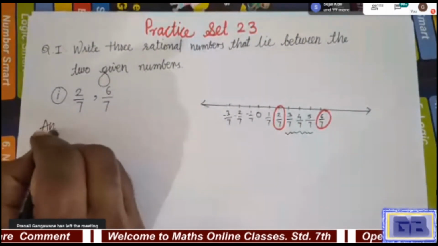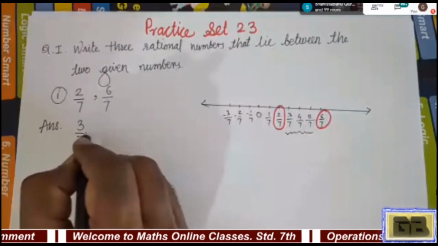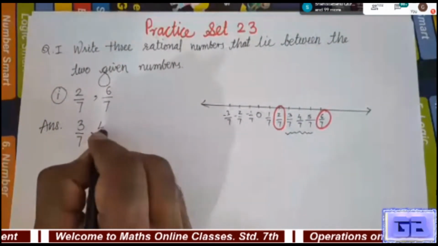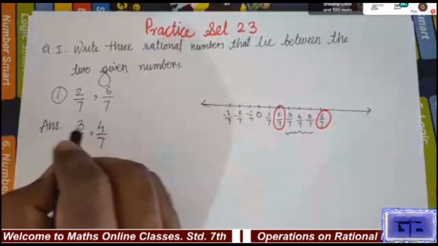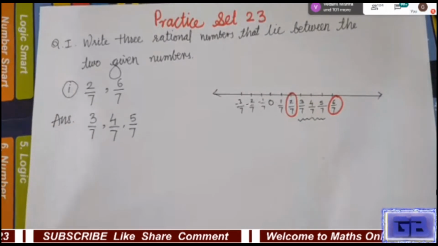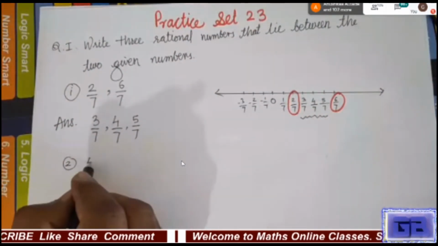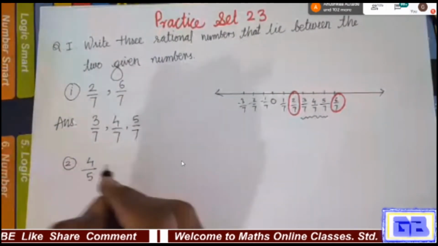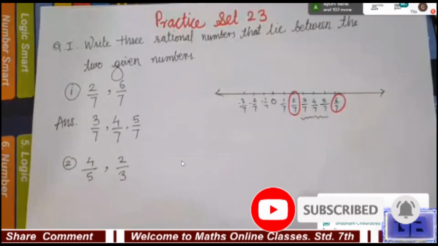Write down your answer: 3 upon 7, comma 4 upon 7, comma 5 upon 7.